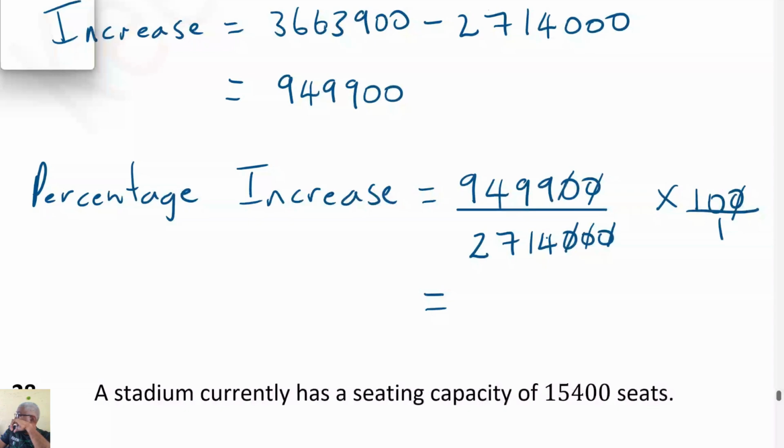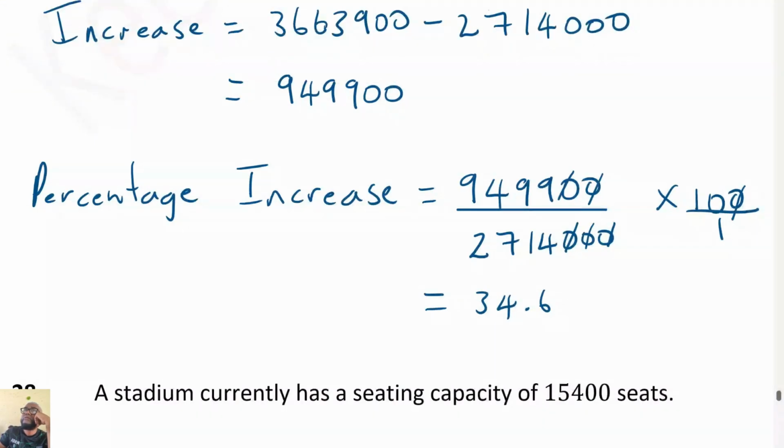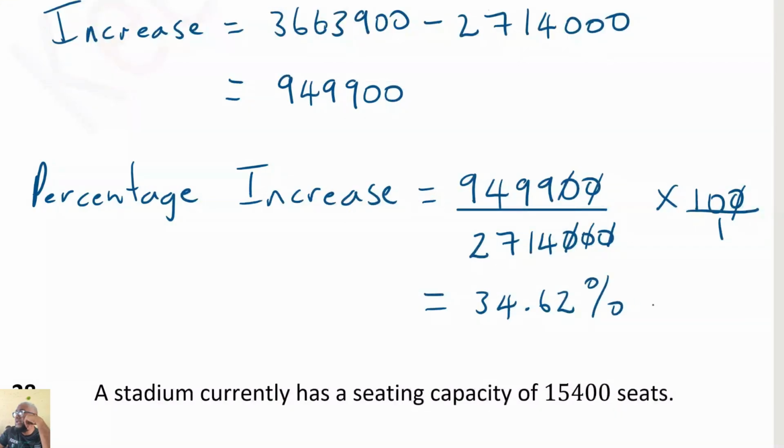Multiplied by 10. We get 34.61. The digit after the 1 is 7, so that 1 changes to a 2. Boom. So this will be 35%. Everybody got it? Proper thing.